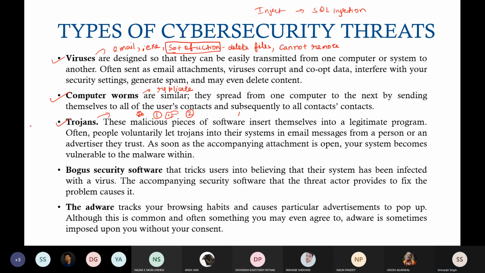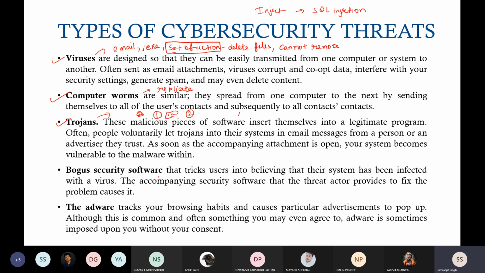So Trojans are very simple. They just keep a record. They do not do very big damage to your system. They are usually used to steal users' data, which is very similar to adware and other things.